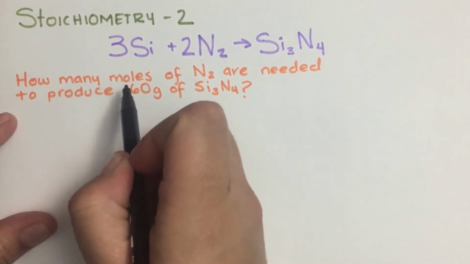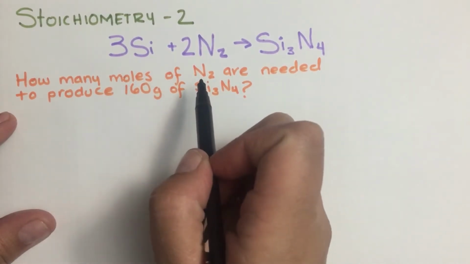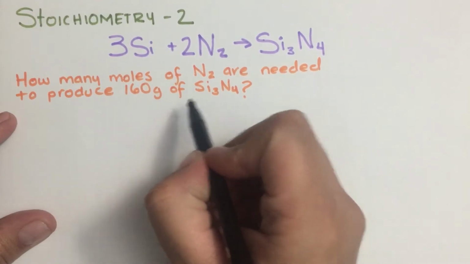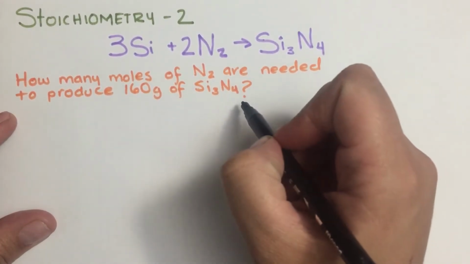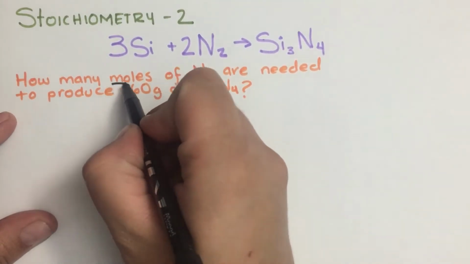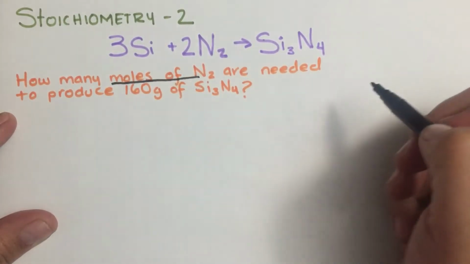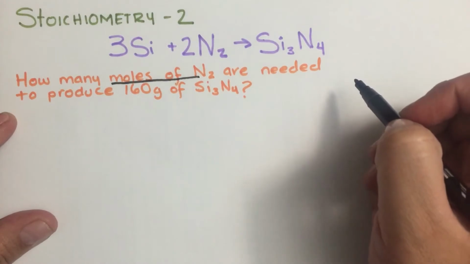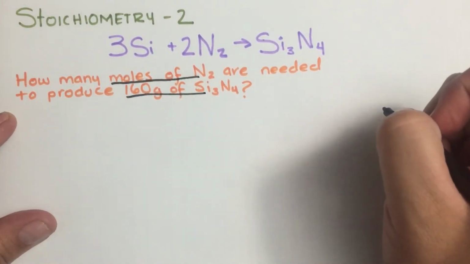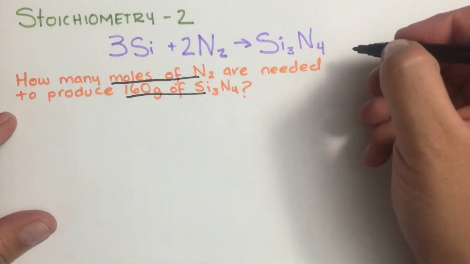So how many moles of nitrogen gas are needed to produce 160 grams of trisilicon tetranitride?